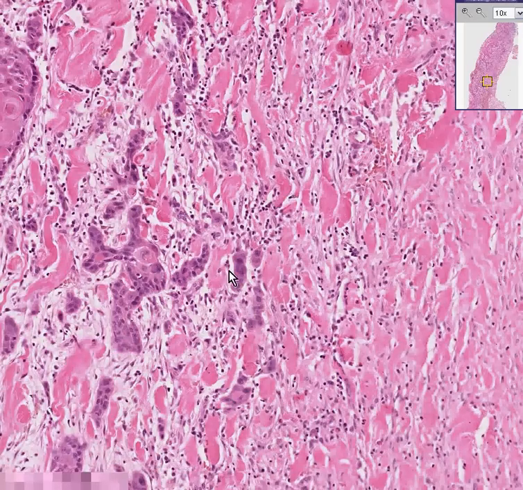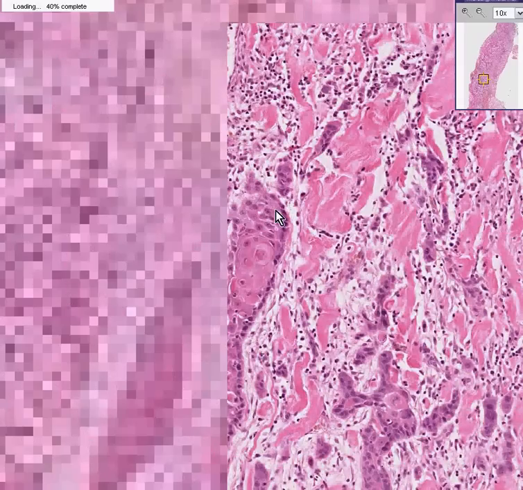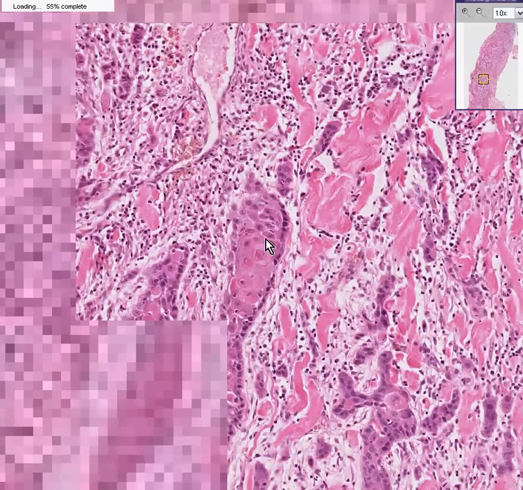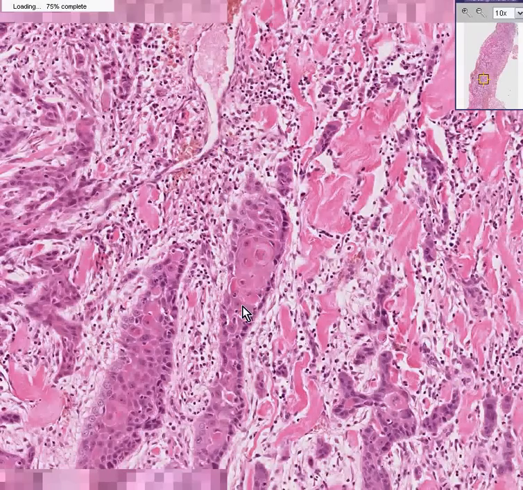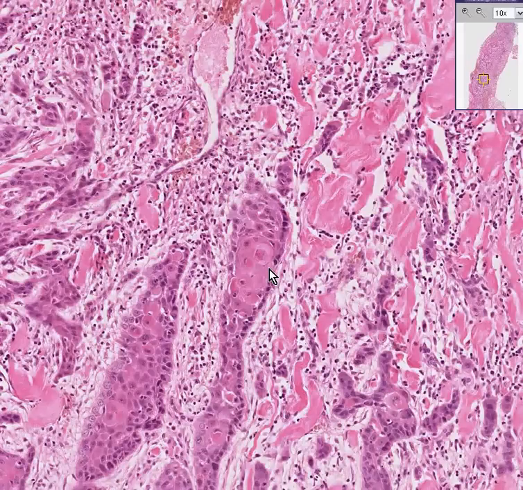And notice how they are engulfing these degenerating skeletal muscle fibers. You're not likely to see striations on these cells anymore. Here is a larger cluster of tumor cells. And once again, they are forming pearls, so they are very, very easily recognized as squamous cell carcinoma.